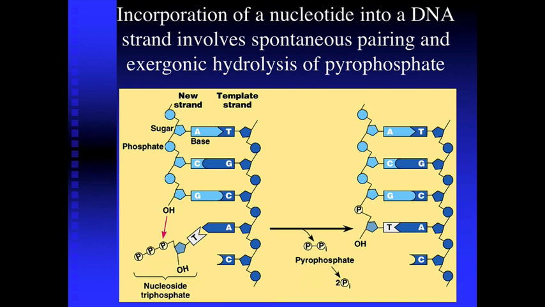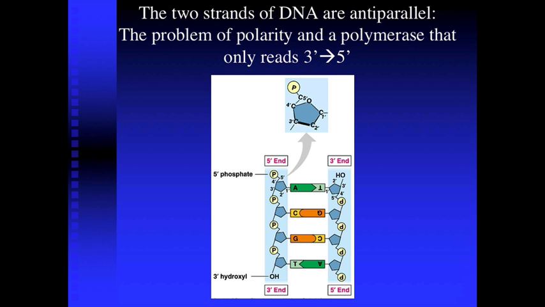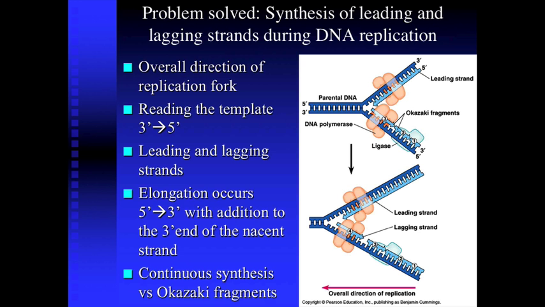Now, you may be anticipating where I'm going here. What do I do about the other strand? We read 3' to 5'. This is a 5' end here. Which way is the fork going? We're replicating up the board here, right? How do we do this? We're going to have to replicate in small pieces, right?